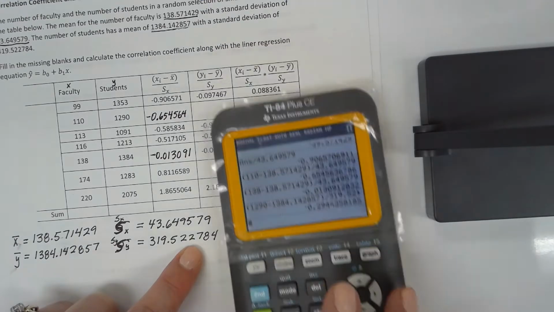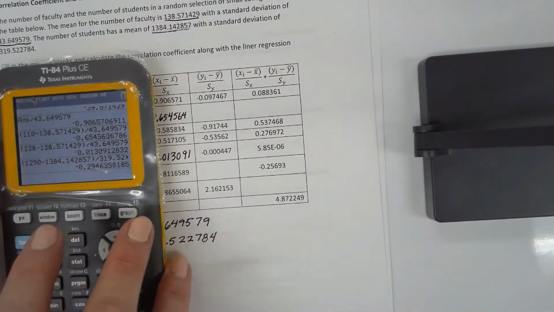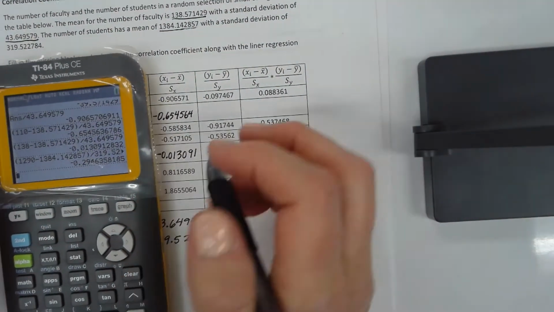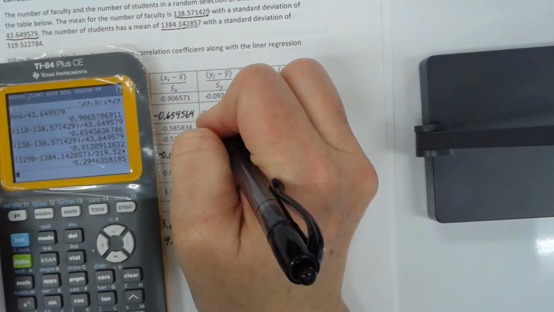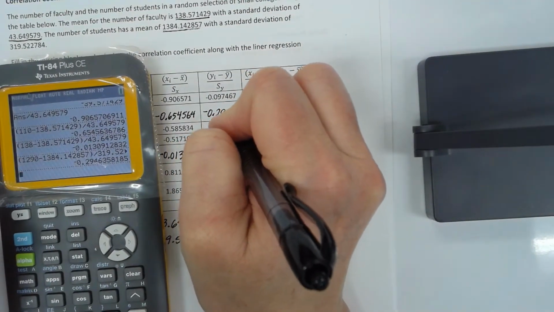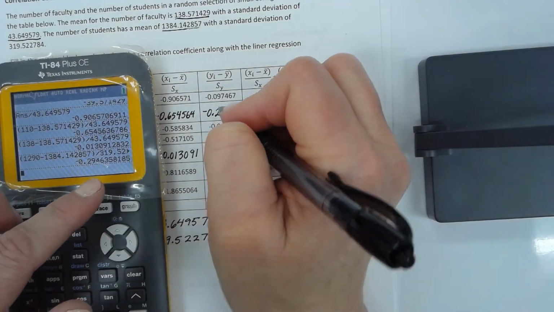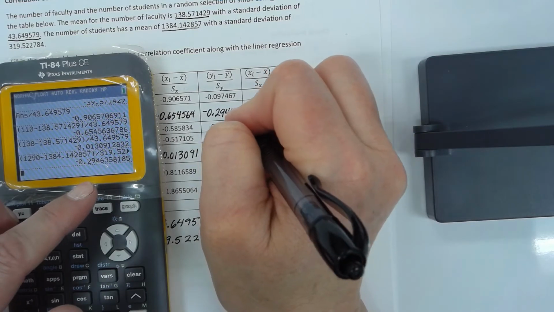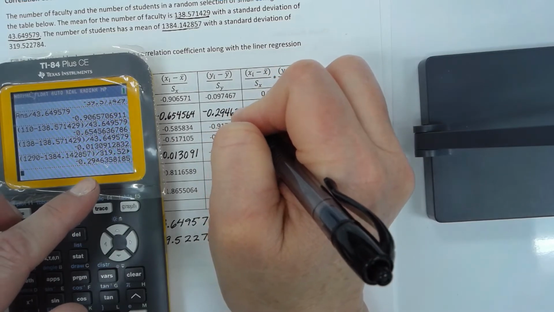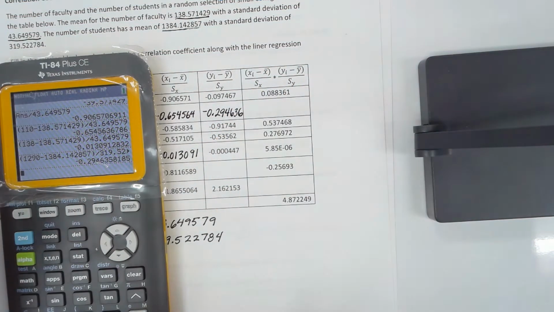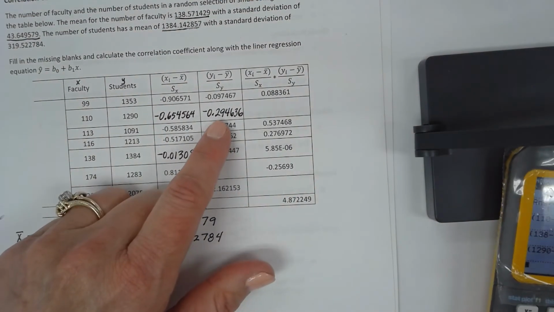Okay, so I got negative 0.2946358636. Good. Okay. Is that what everybody else got?